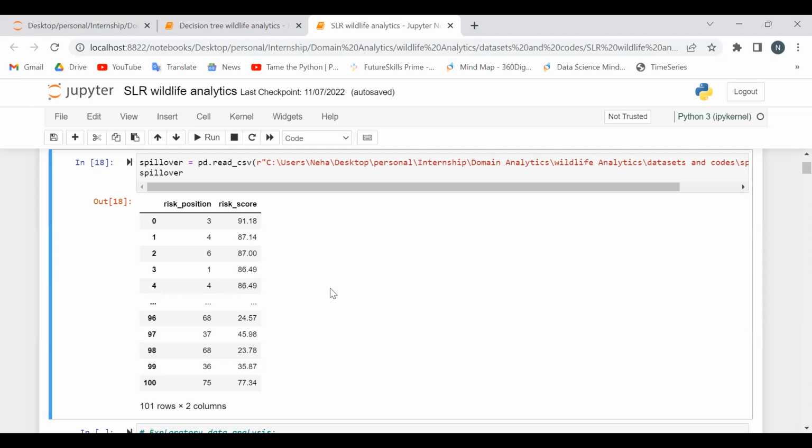So what is the risk score of animal to human spillover? These are the risk rating scores. It is the risk position of that particular disease or virus, and its score, where it stands.